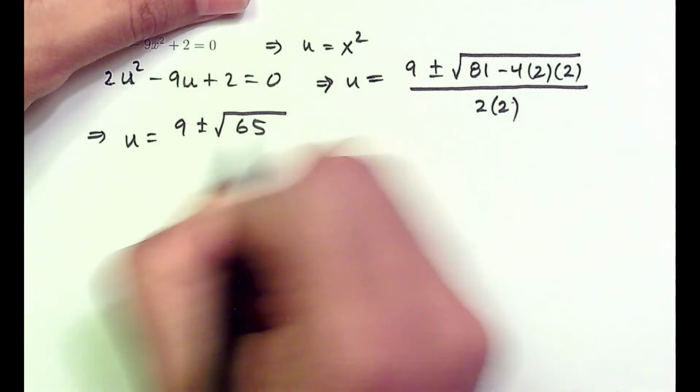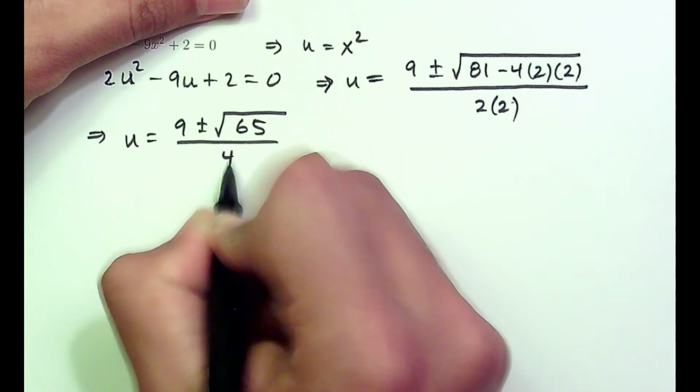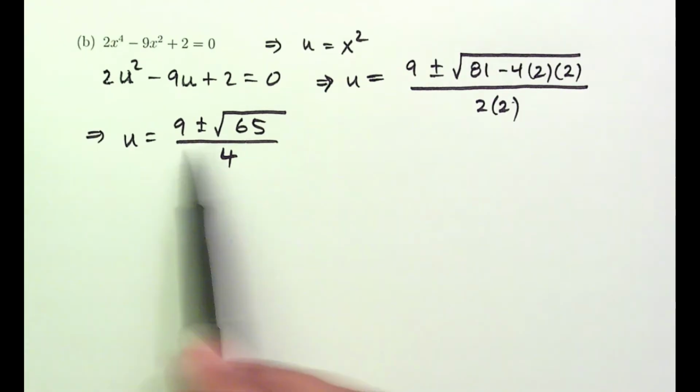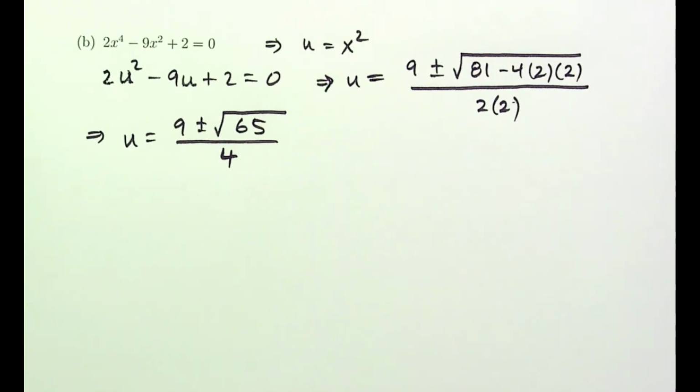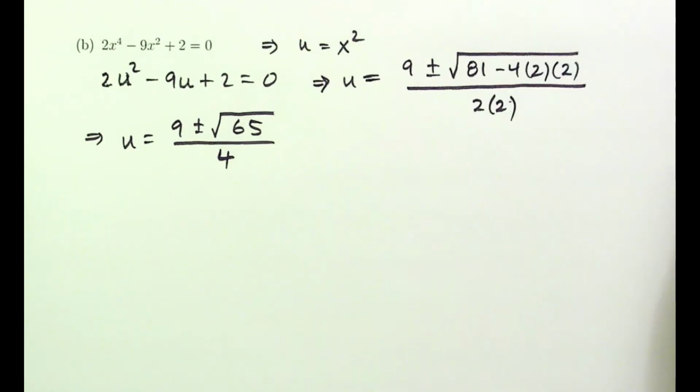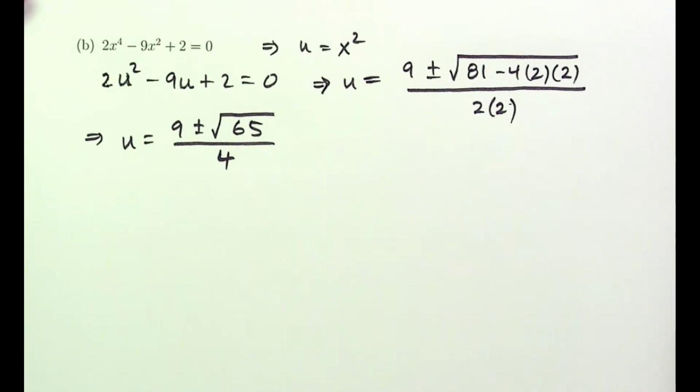So 65, all that over 4. 2 times 2 is 4. All right, and that's it. We cannot really simplify this further. If you try to break up 65, 65 only breaks into 5 and 13, neither of which has a square root that is a whole number, so we cannot simplify that anymore. So we're done with that.